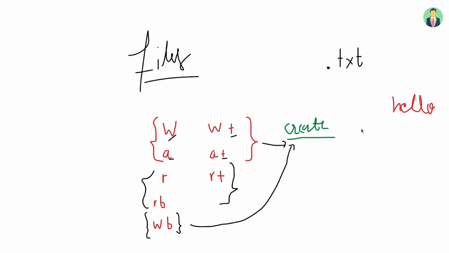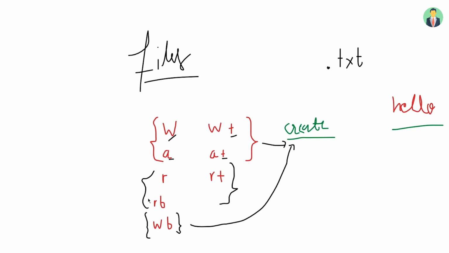What write would do is that it would wipe this line hello and it would write whatever you've asked it to, while append, on the other hand, would not wipe this line and it would add the line which you've asked it to write after this one. So write overwrites the file and append adds to the end of the file.